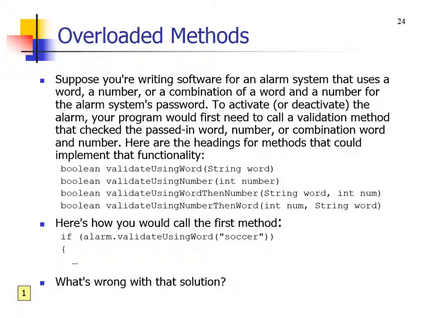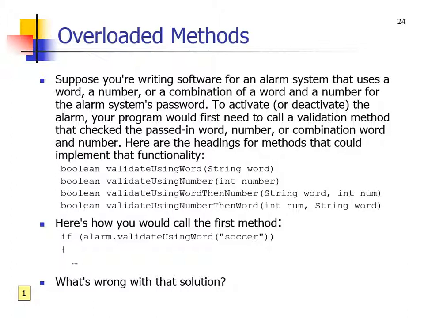It's verbose. Wouldn't it be easier just to use Boolean validate? Yeah, learn one word instead of 15 million words. Because each method is different. Even if I just use the word validate, each one of these is different because you have string word, int number, and each one of these are in different orders. So therefore, you can have 4 different ones, all with the same name. And the only difference would be the parameters. Exactly. So the computer sees it as completely different.